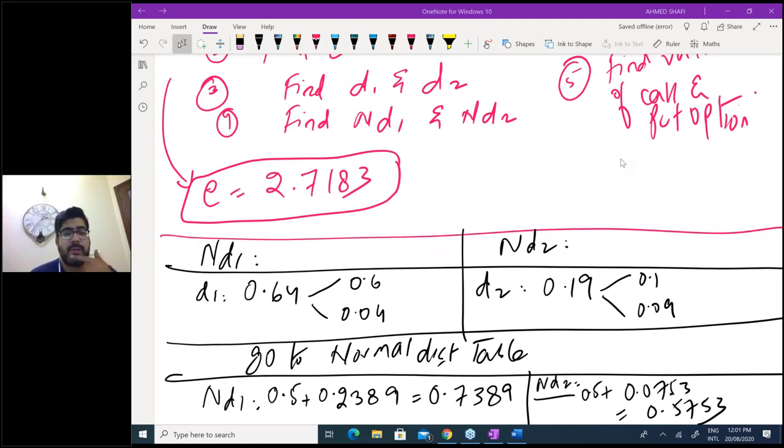The current share price is given, 85 per share. That's why it's per share. 2.7183 is the constant for the exponential value. You can check the calculator for it. We will shed light on the NPV stuff as well. Yes, it doesn't matter whether you round up or down.